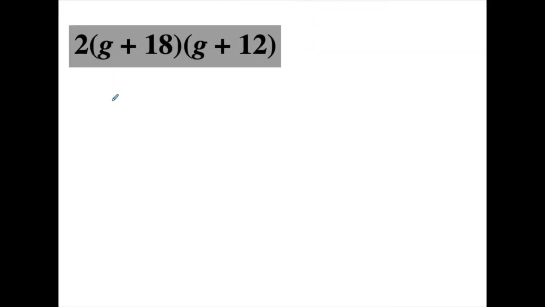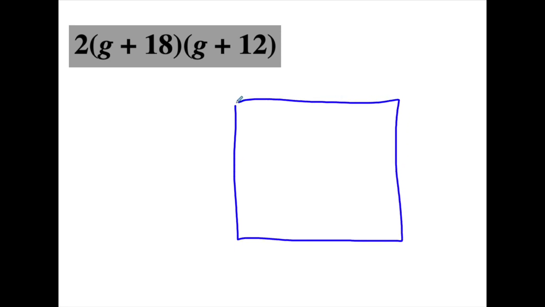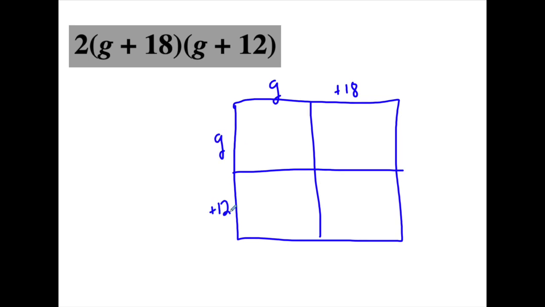All right, on the next one, it's just going to be what we just did, but with a little twist. So I'll set up my box. g plus 18, g plus 12.